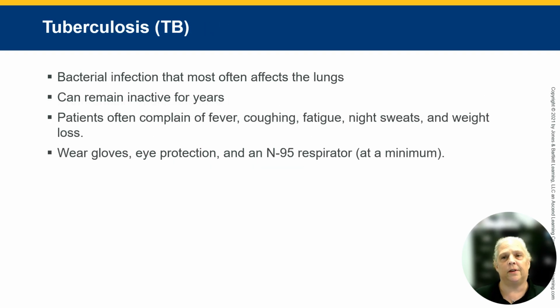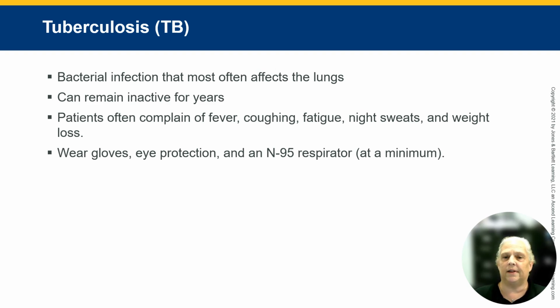Then we have tuberculosis. It is a bacterial infection that is most commonly affecting the lungs. However, it can go to any other organ in the body. It can be inactive for years before any symptoms are produced. Your patients, when they do have symptoms, complain a lot of times of fever, coughing, fatigue, night sweats, and weight loss.